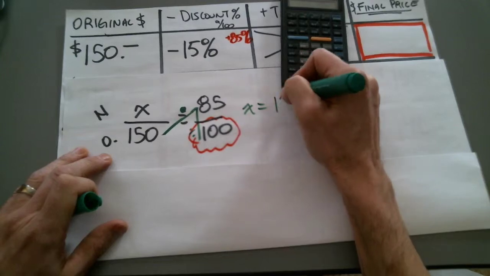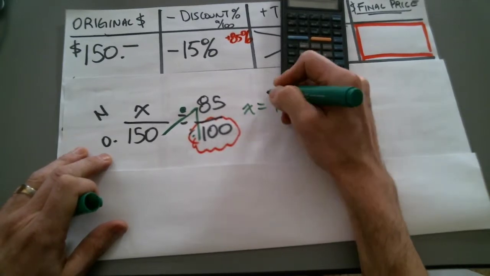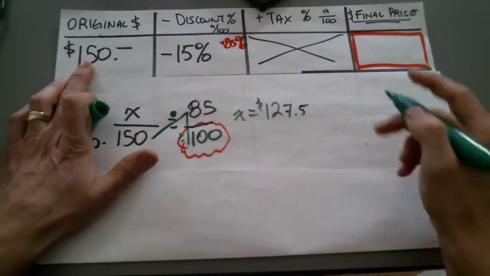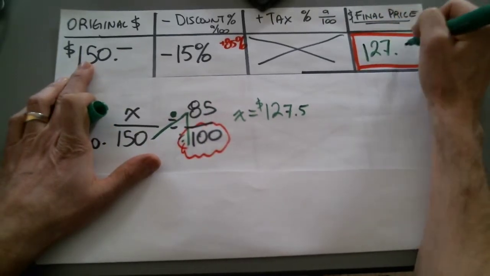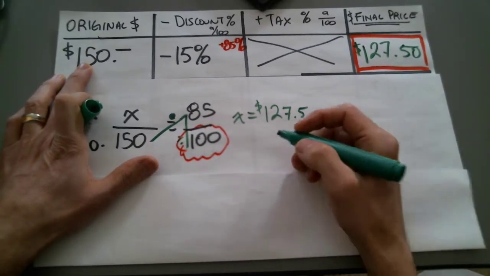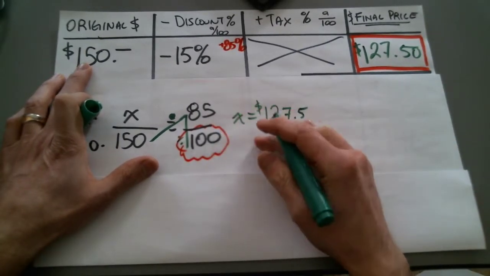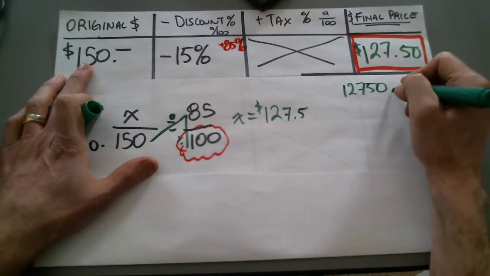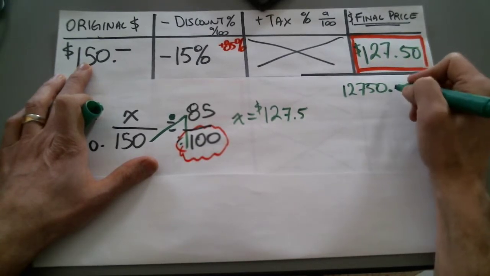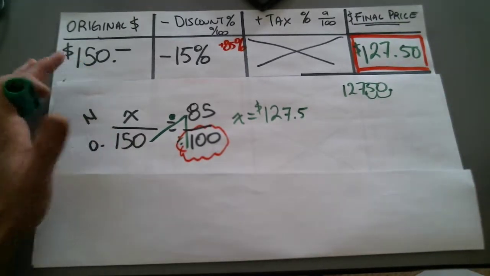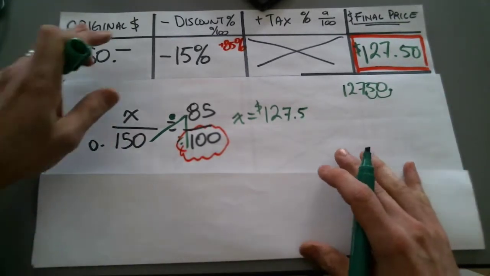X equals 127.5. There's my answer. Does that make sense? It should be less than my original price, $127.50. And because it's cents, we go like that. And remember guys, when you are dividing by 100, all I'm doing is moving two place values. So that part you can do kind of in your head if you want.